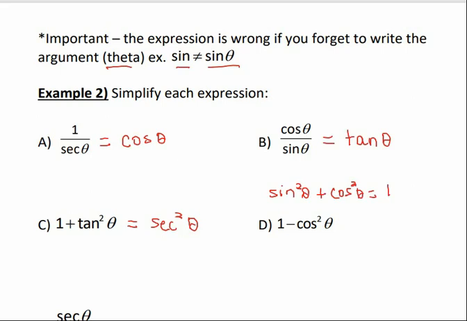If I subtract cosine squared theta from both sides, then I have 1 minus cosine squared theta, which is what we have here. And we can see that that is equal to sine squared theta.